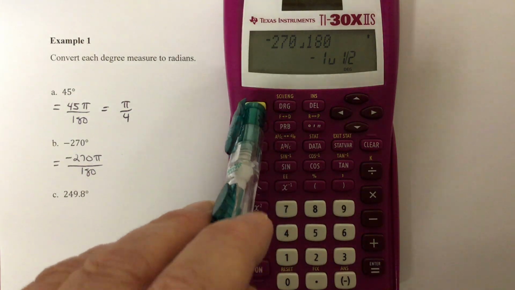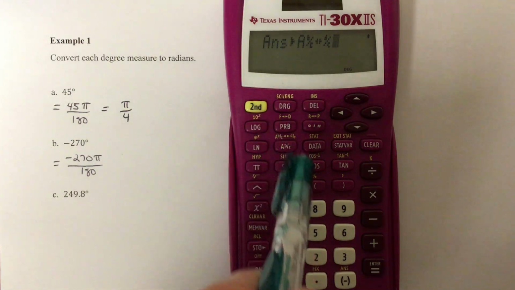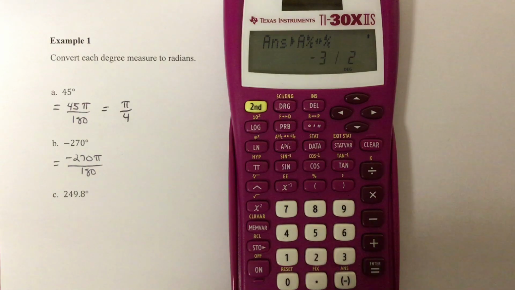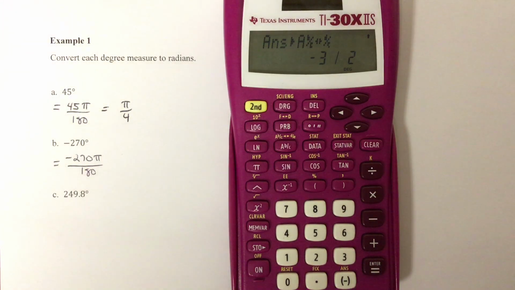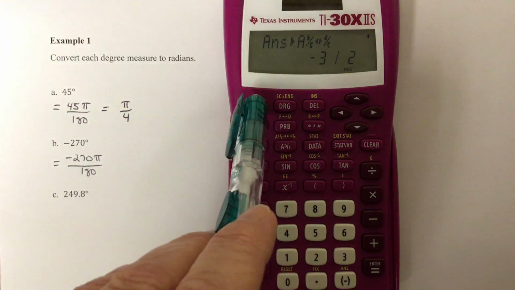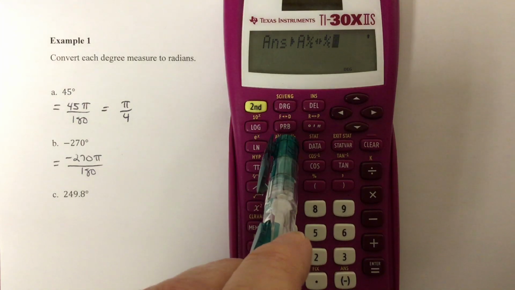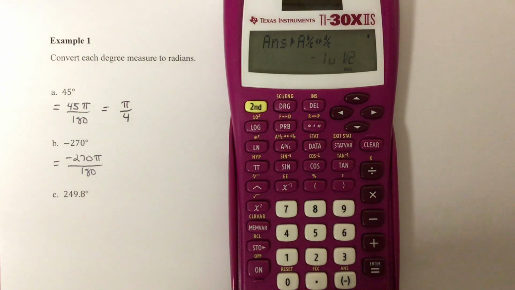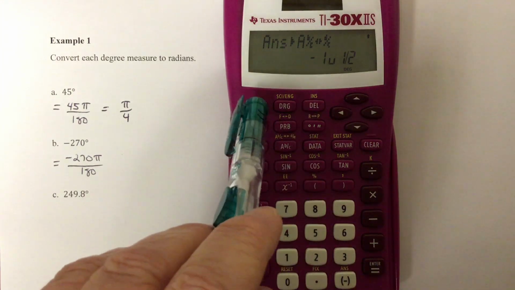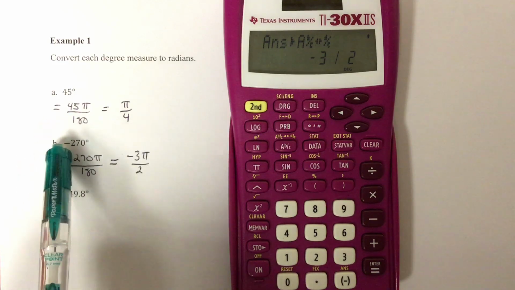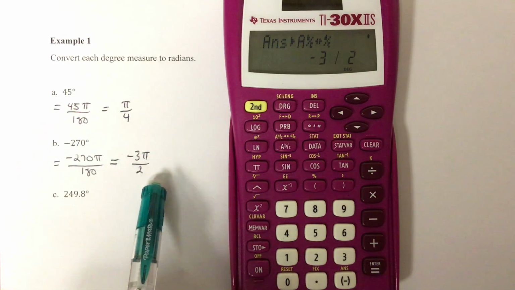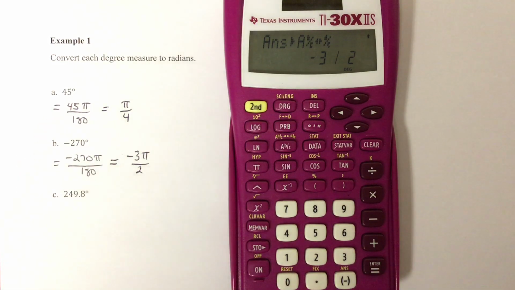So let's go second fraction button equals, and there's our improper fraction. And just so you know, if you needed to go back to improper form for any reason, you can convert back and forth as much as you like. And so just as we saw before, this negative 270 degrees would be written as negative 3 pi over 2 radians.